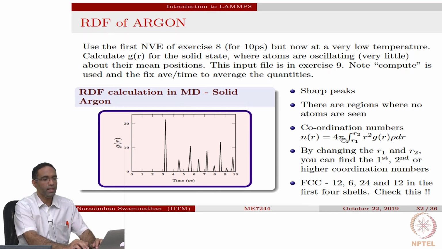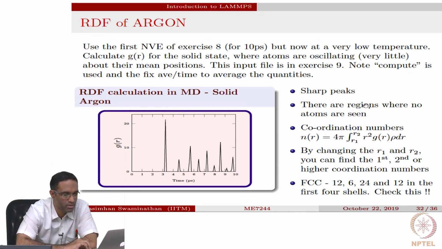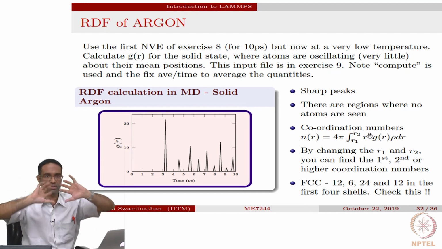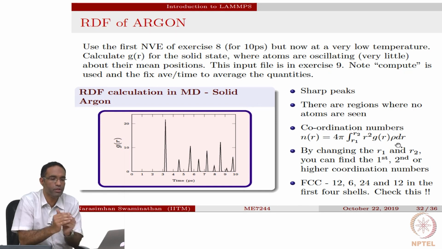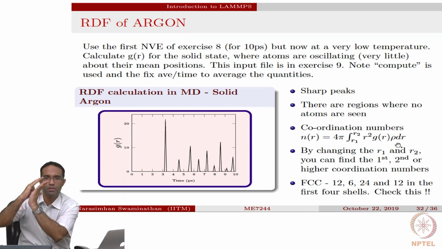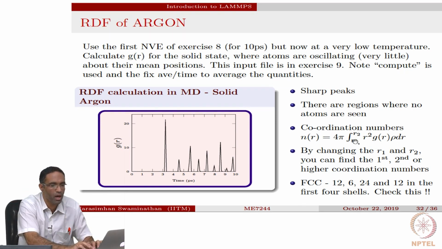And then the integral of G of R is actually the integral over the sphere, right? Because you've always considered a sphere in this particular case. So 4 pi integral from R1 to R2 of R square G of R is going to give you the total number of atoms present at that particular distance between R1 and R2.